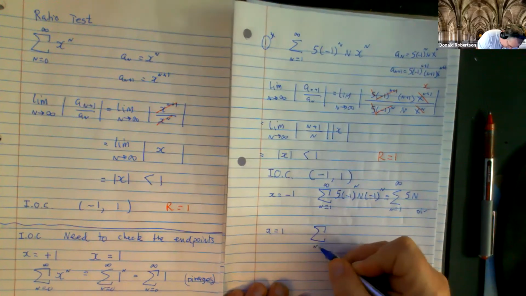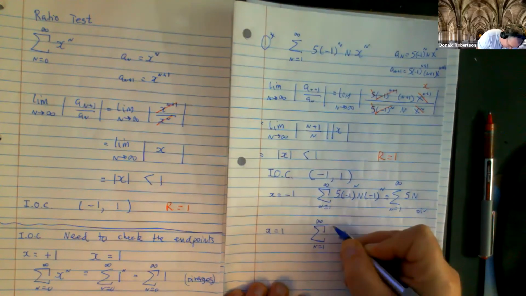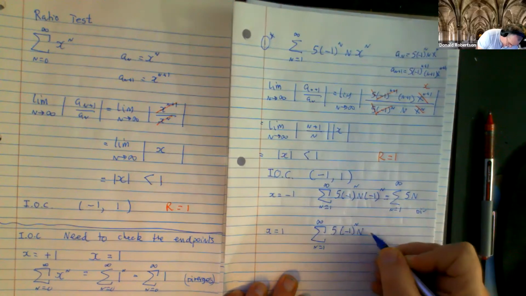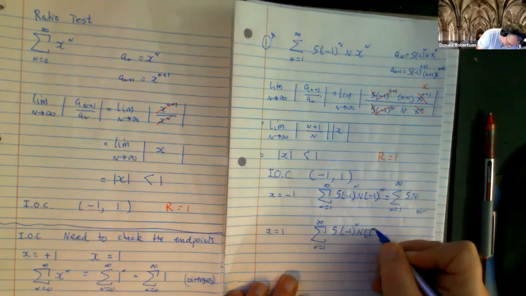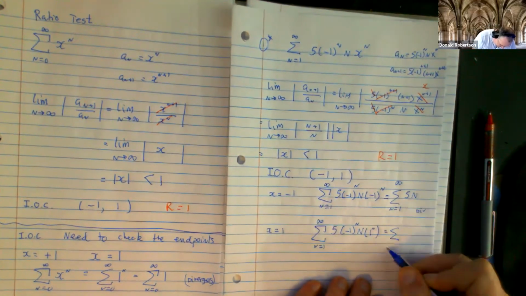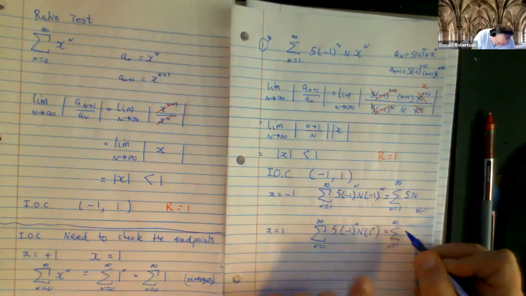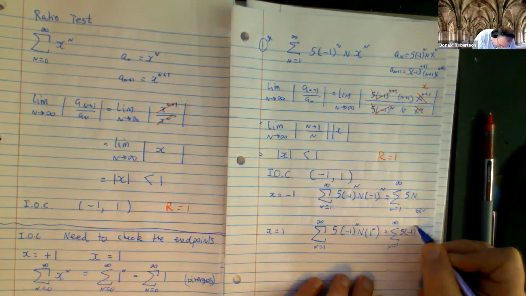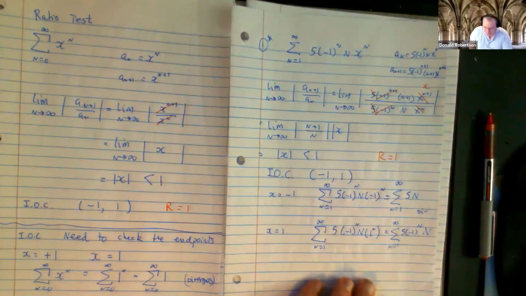Now, if I try x equals 1, I get 5(-1)^n times 1 to the n. But isn't 1 to the n just 1? So what I end up with is 5(-1)^n n.